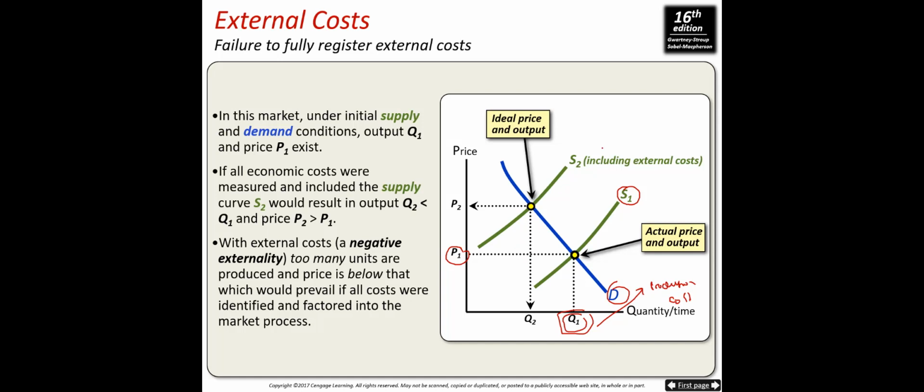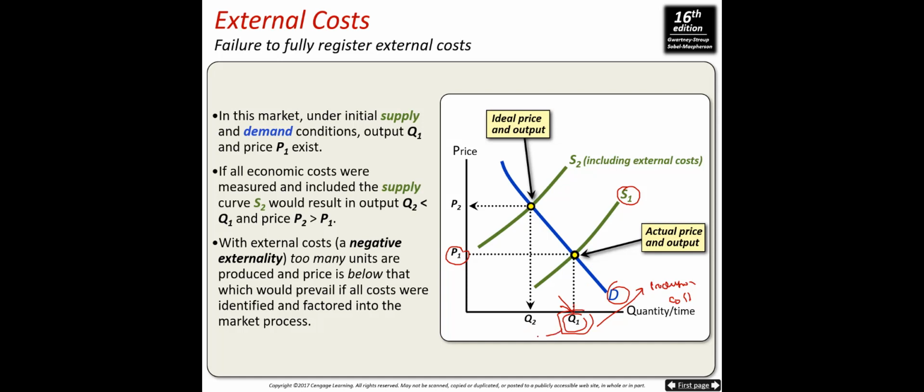If we include that external cost in the production cost, then the supply curve is going to shift to the left. Remember, when costs are rising, supply shifts to the left. And now the ideal price is going to be higher. Why? Because now the company is paying more for production, not only the production cost, but for polluting the environment. Therefore, the prices are higher and quantities are lower. So without any control in this market, too many units are produced.